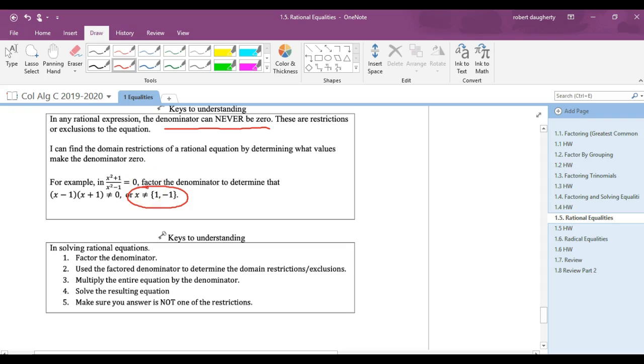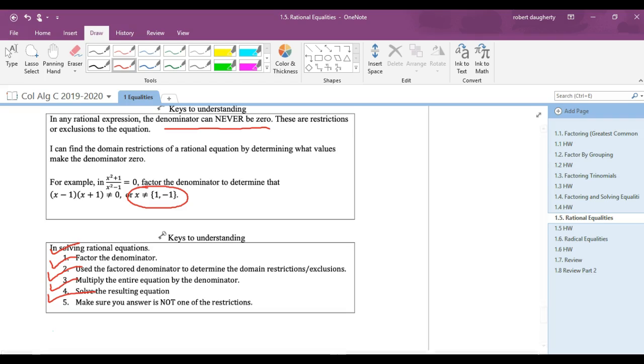So your steps: make sure the denominator is factored. You use that factored denominator to get your restrictions. Multiply the entire equation by the denominator, and then solve whatever equation you come up with, trying not to make careless mistakes, and then make sure your final answer doesn't violate the restriction. Okay?